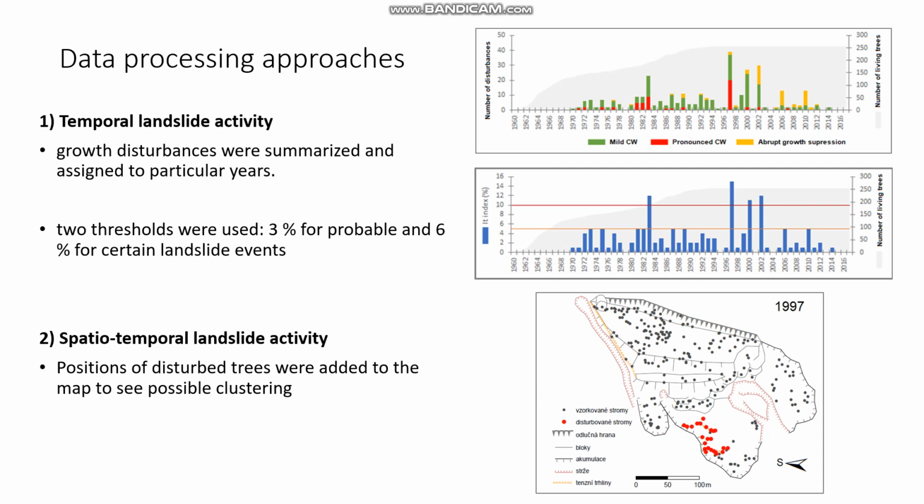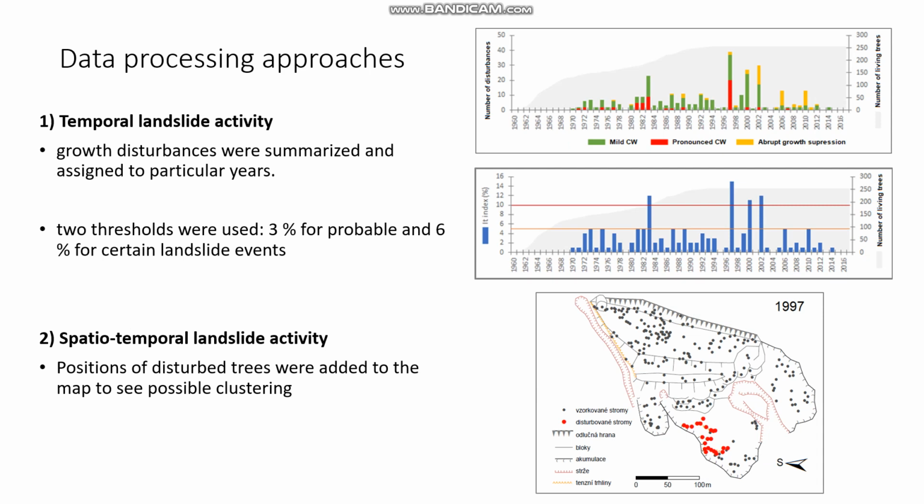So then I was able to tell which year is probably the landslide one, according to the number of disturbances in particular years. Because landslide movements often influence trees in logical patterns. For example, they create clusters or occur at specific parts of the landslide.